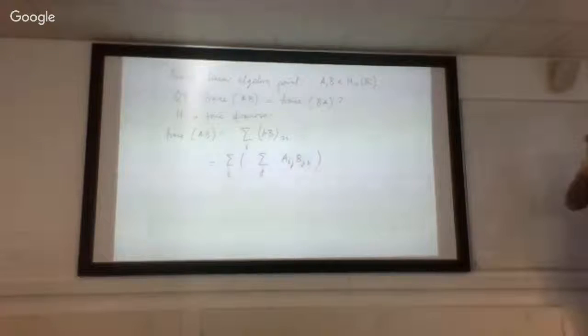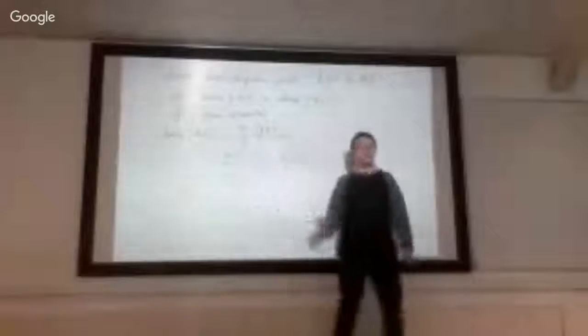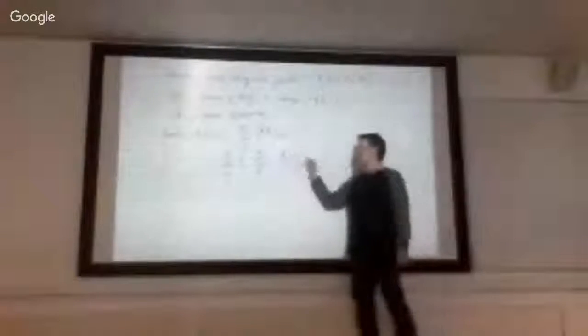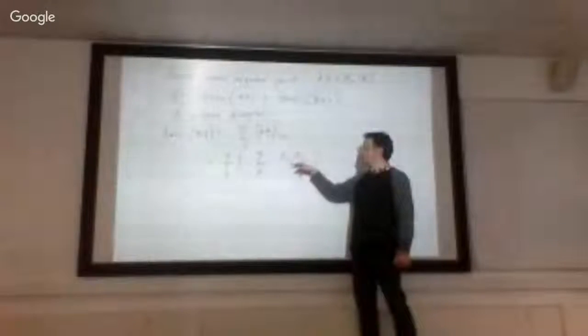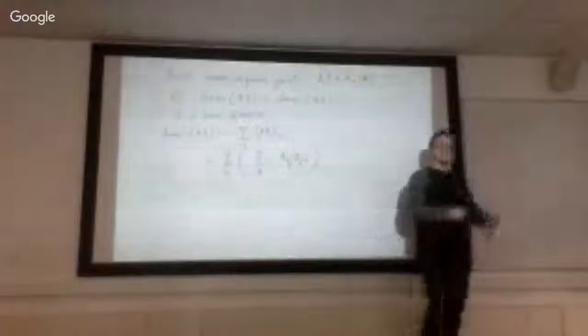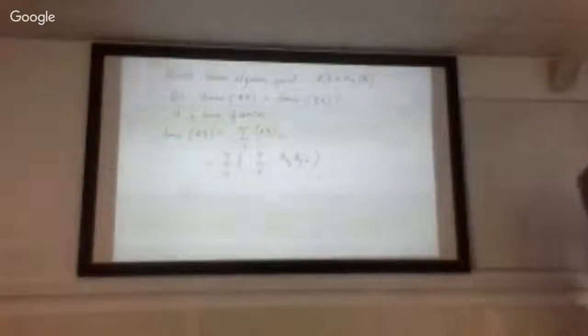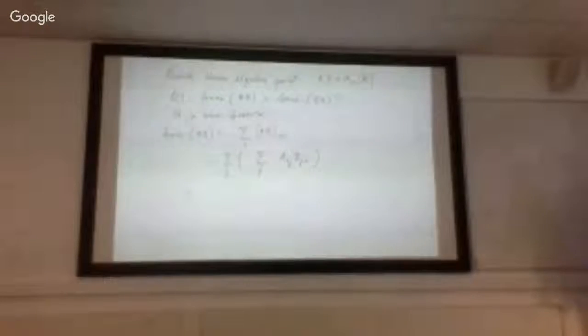I stumbled over this part of the proof. This is a double finite summation of a bunch of numbers. They're indexed by two indices, i and j, so you can lay them out in a rectangle, just a big rectangle of numbers.